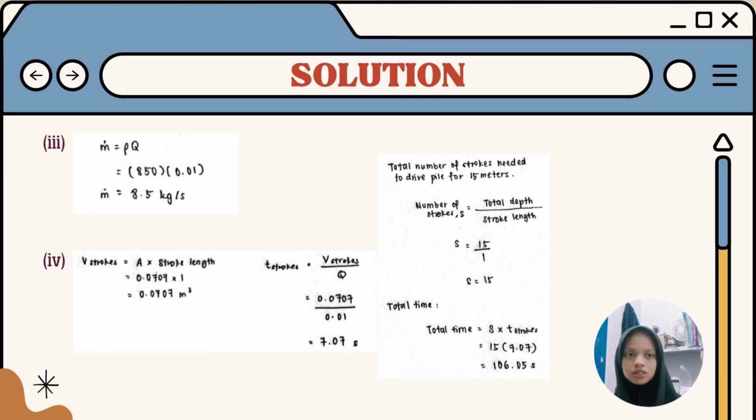So for the total time we use S times the time per stroke. S we got is 15 times 7.07 seconds, and finally we get the total time, which is 106.5 seconds.